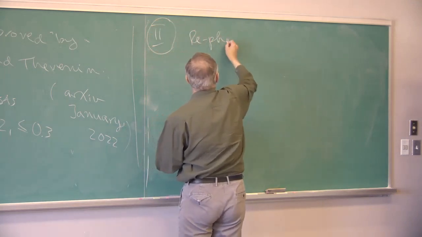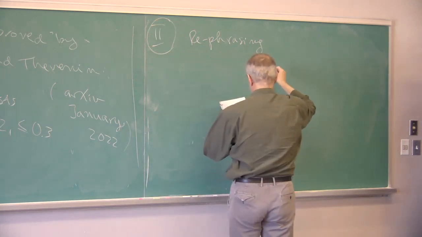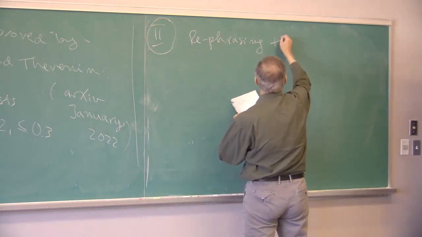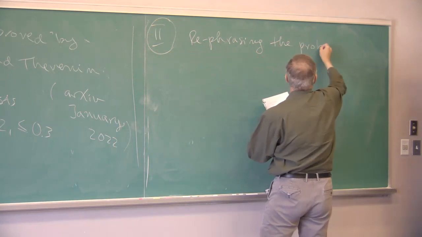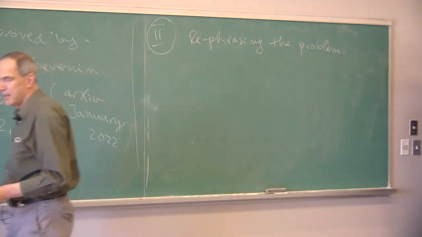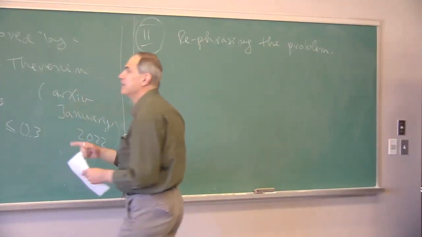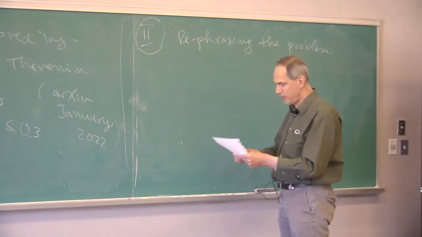Now I go to something which I did with Gulden and Puder. We rephrase the problem. What we could prove was based on rephrasing this problem of the random variable Xn.